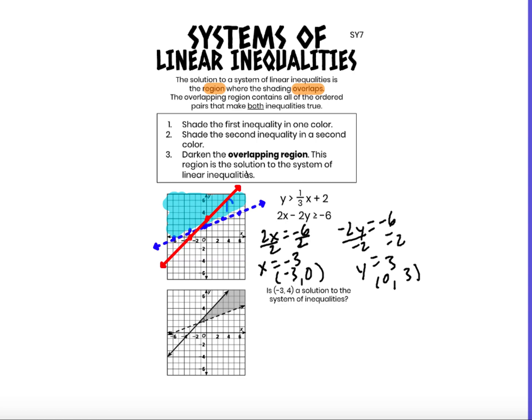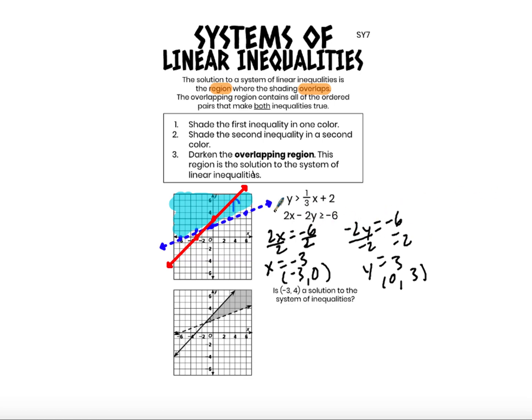For my shading, I'm checking to see, does the origin, 0, 0, lie in the shaded region? So I'm going to plug in 0 for x and 0 for y. That gives me 0 on the left-hand side. Is 0 greater than or equal to -6? Yes, it is. 0 is greater than or equal to -6.